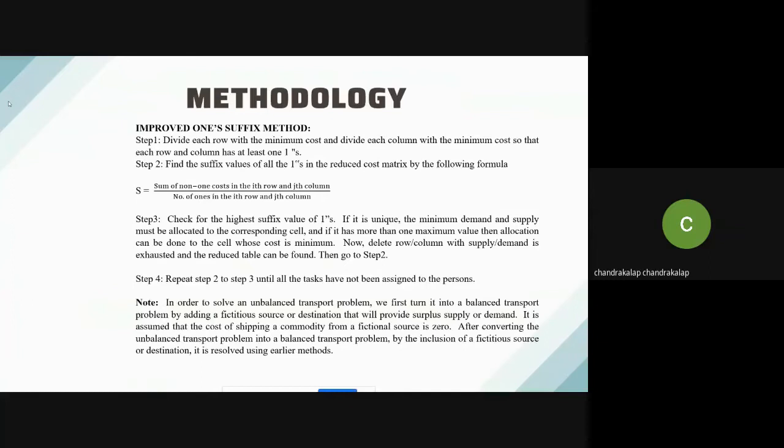Then, we check the highest suffix value of 1, and we give allocation to the one which has the highest suffix value. So we delete that row and column with the supply and demand allocated for the cell, and we continue this process until all the supply and demand is exhausted.